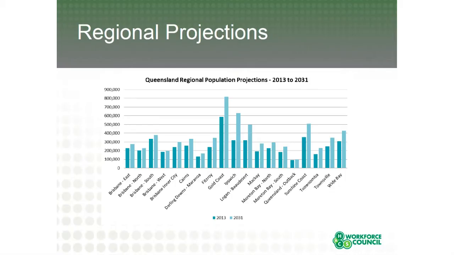Indications are that there will be increased chronic disease, mental health issues and dementia, but each region will have specific characteristics and changes that will occur. The Queensland Government Statistician's Office has tools to assist you in developing a regional profile that's specific to you. It's easy to use, and I'd encourage you to visit their website and have a look at what you can find.